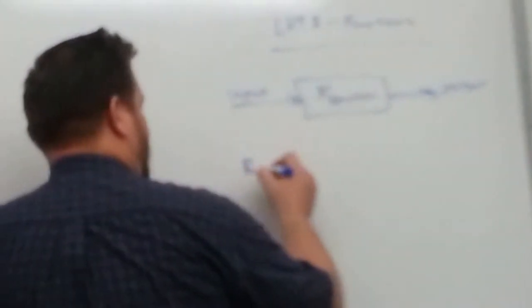Okay. So a function is something that you plug something in and you get something out. That's the basic idea. And the main rule for functions is this: every input has one and only one output.